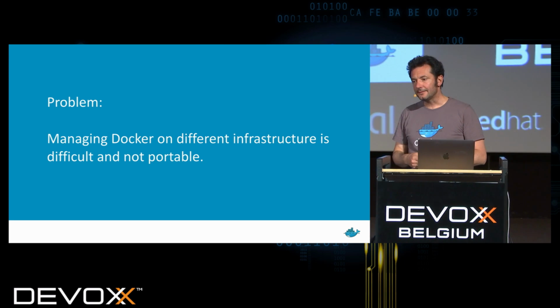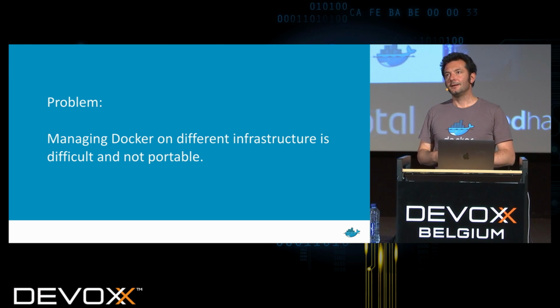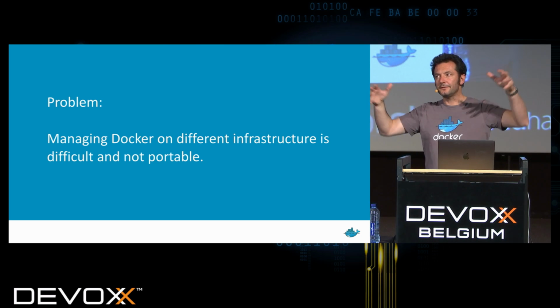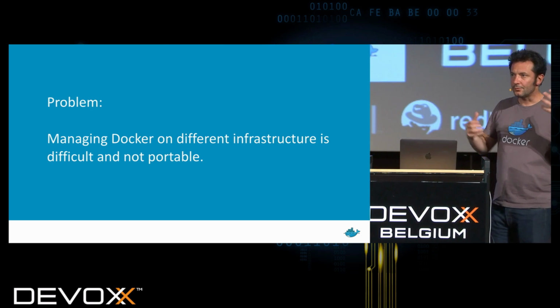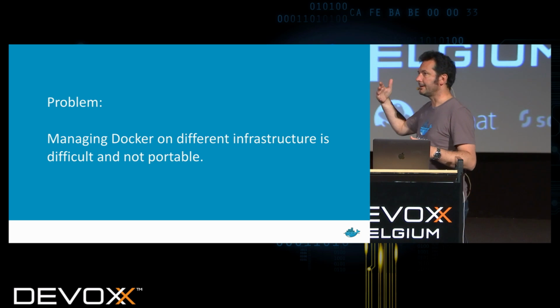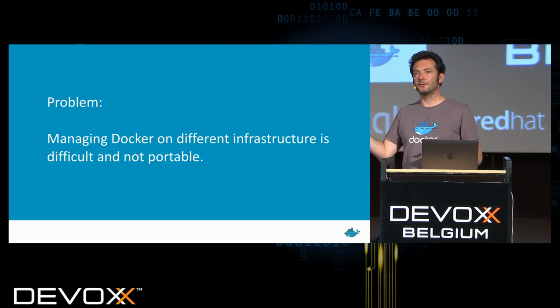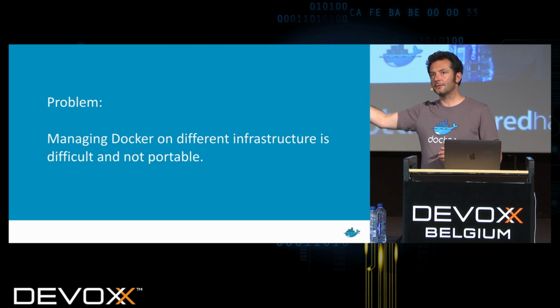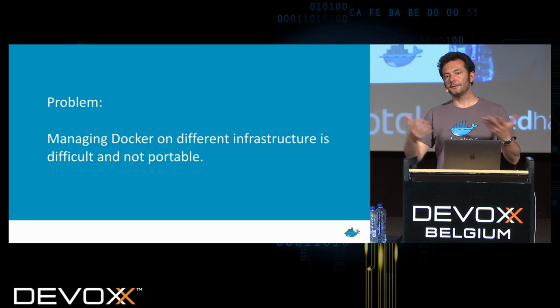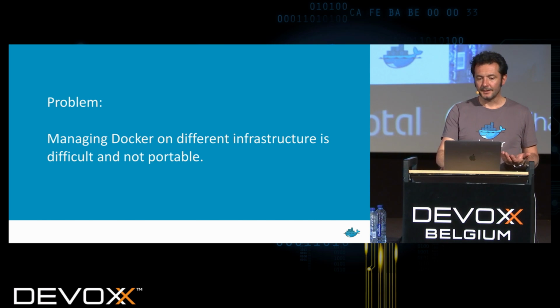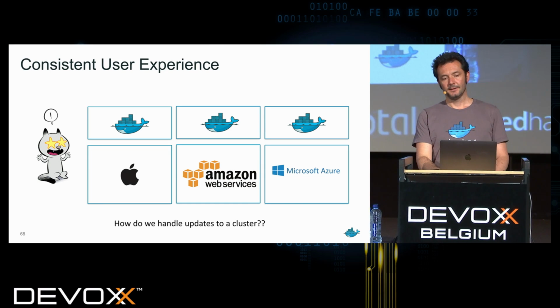Docker for AWS itself is integrated with lots of AWS services. And when we started to build this one plus Docker for Azure, people started asking for Docker for Google, and then there will be other cloud providers. We need a way to manage Docker on different infrastructure in a portable way and in a way that's self-healing.